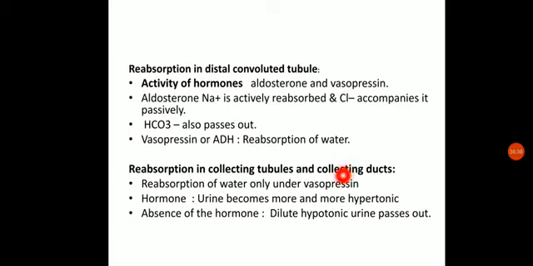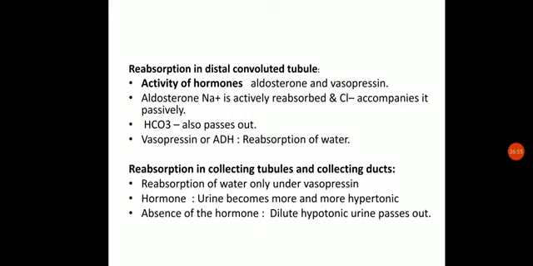Now, when vasopressin is present, urine becomes more and more hypertonic. It means the urine will have less water, and hence it is hypertonic.